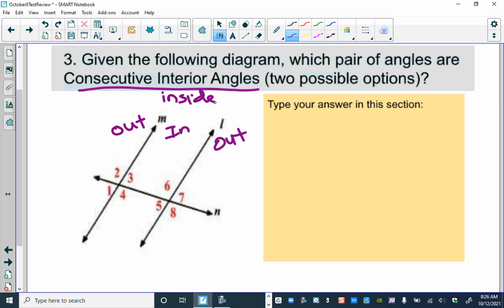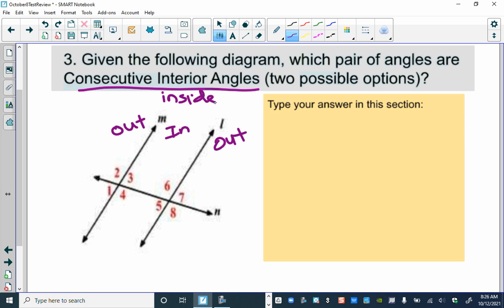Same side. They both have to be inside and on the same side. So we're looking somewhere in here. Don't worry about outside. Somebody pick an angle that's inside the two parallel lines. Pick any one of them.